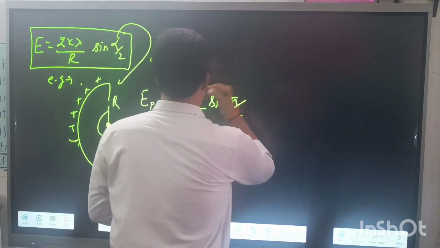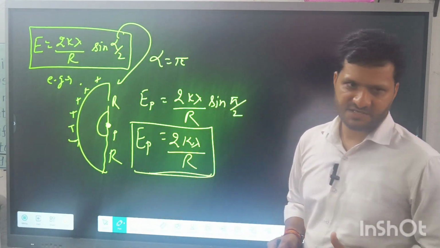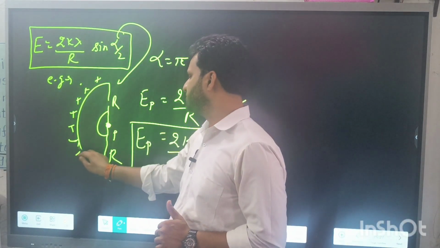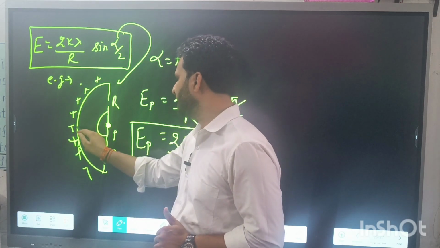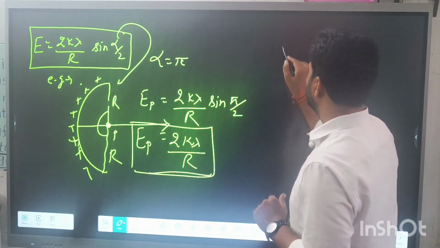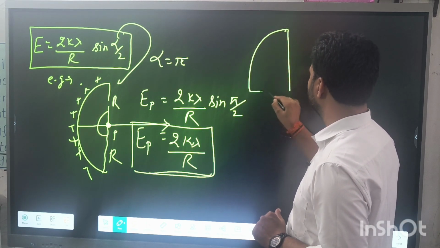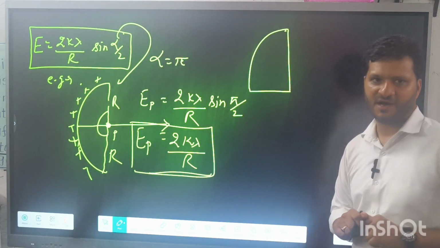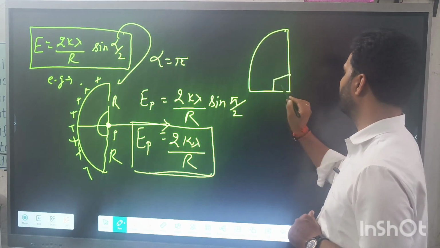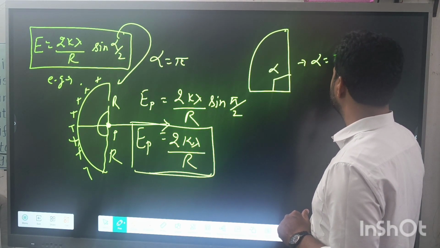Right? Next important thing, what will be its direction? Since we are taking positive charge on this arc, the electric field intensity direction will be radially outward. If I focus on the second question, this is also an arc. What is the value of alpha? This time alpha value is pi by 2.